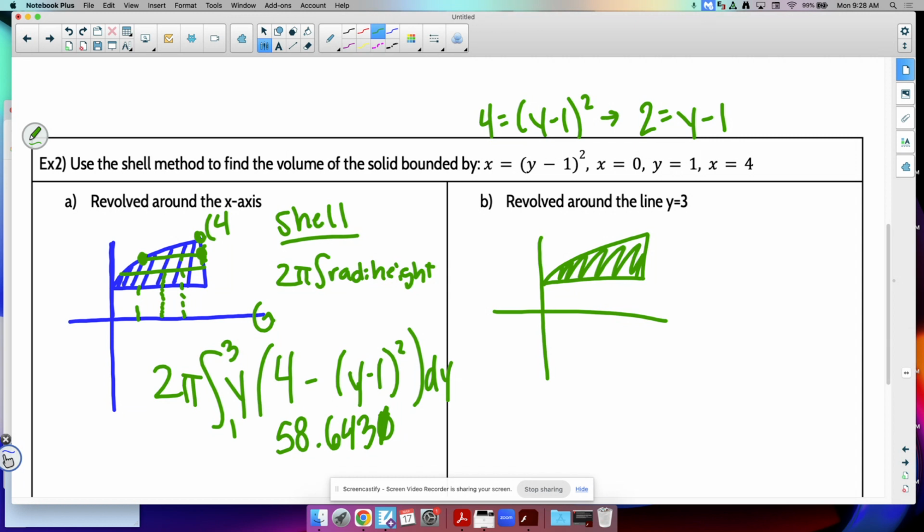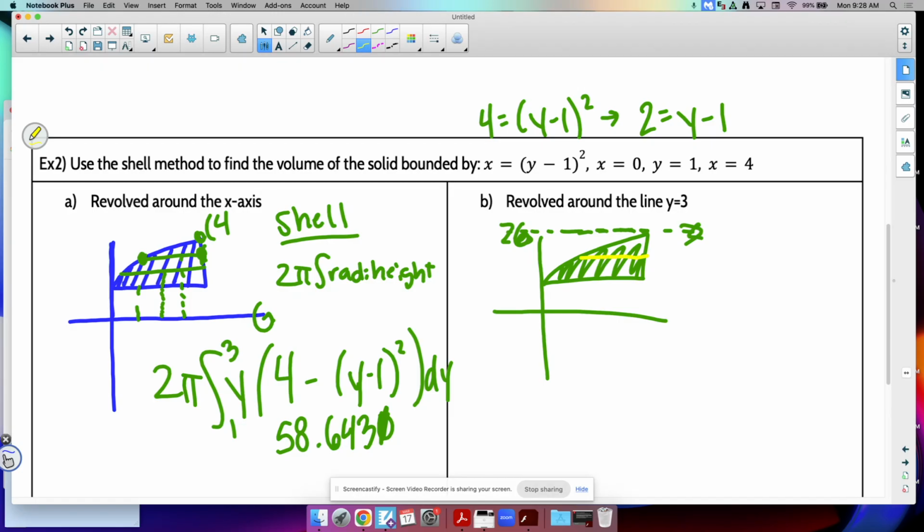All right, last one. Now it's the same figure, but we are rotating it around the line y equals 3. So if we do this as a shell, which way do our lines go? Up and down or side to side? Side to side.